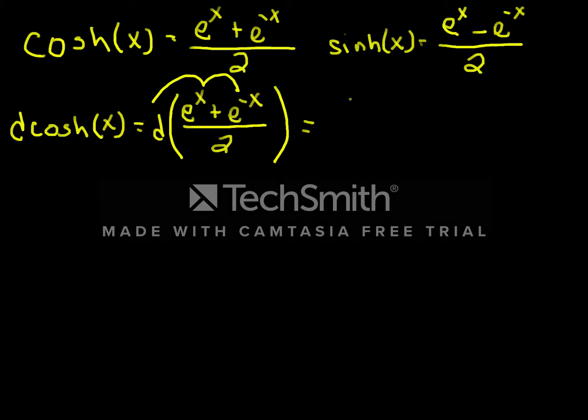So this is equal to the differential of e to the x plus the differential of e to the negative x, divided by 2. And this is equal to, well, the differential of e to the x is just e to the x dx.